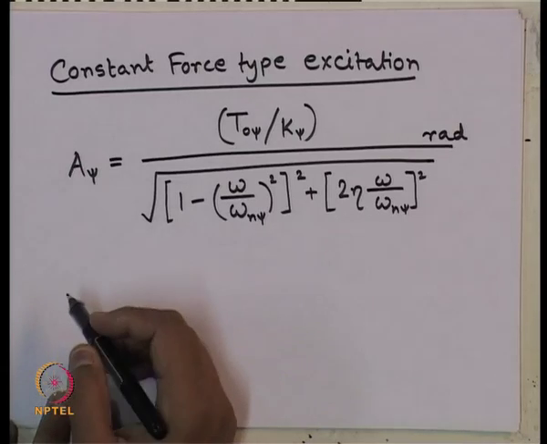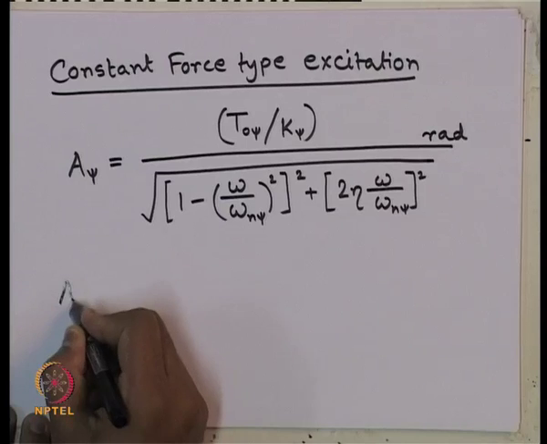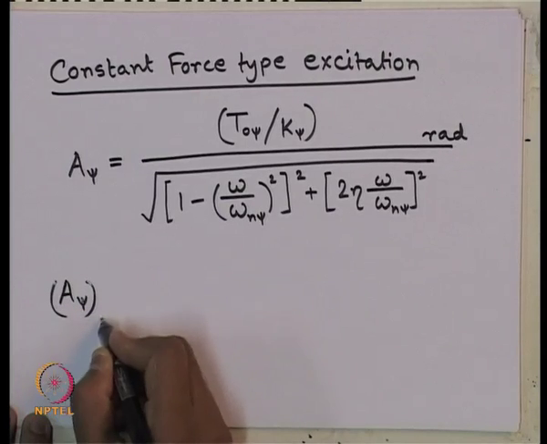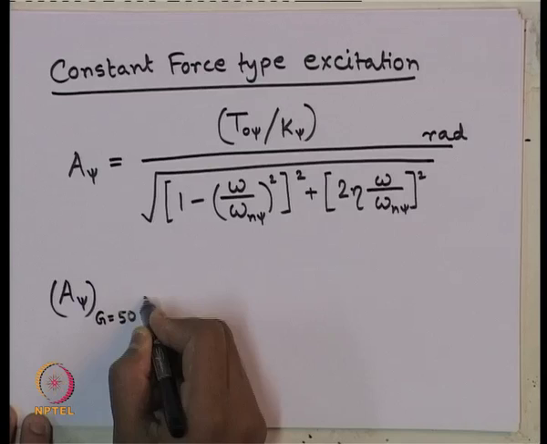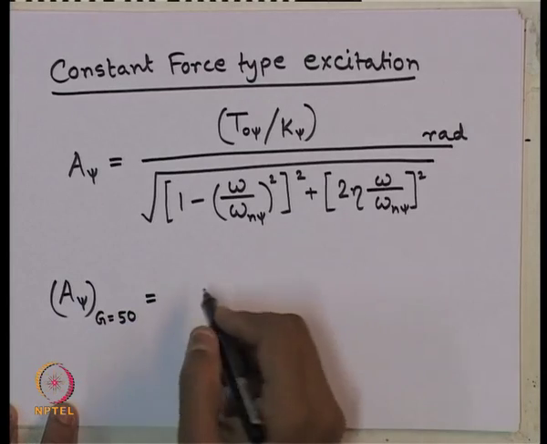Okay. So, for the first type of soil, that is A psi with G equals 50, should be how much?